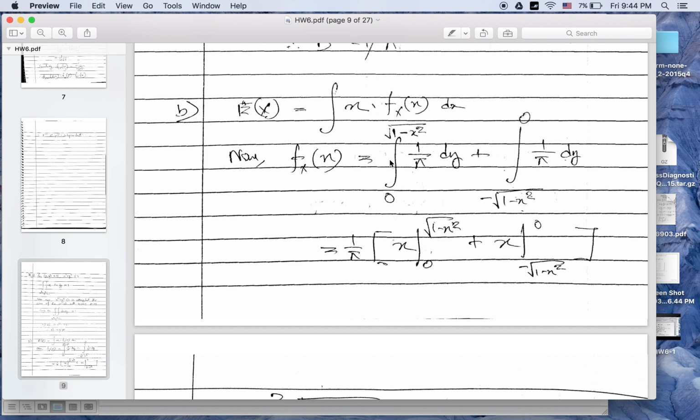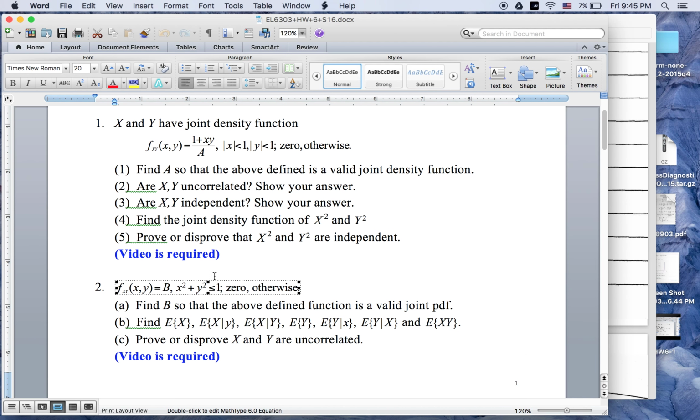So how do these limits come about? They come from the condition given in the question that x square plus y square is less than or equal to 1. That means x square is less than or equal to 1 minus y square, that is, mod of x is less than or equal to root over 1 minus y square.